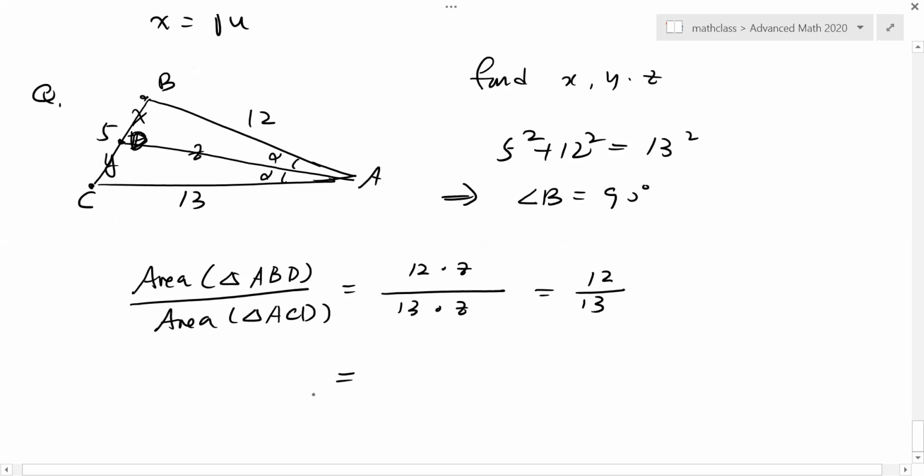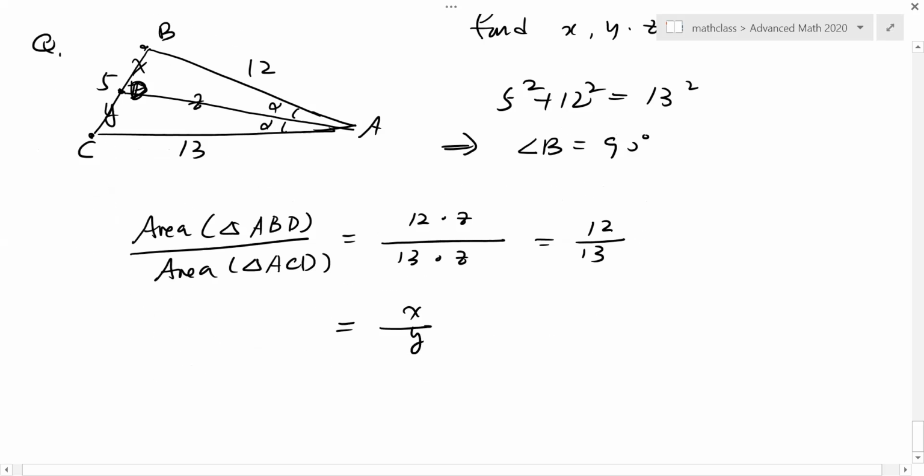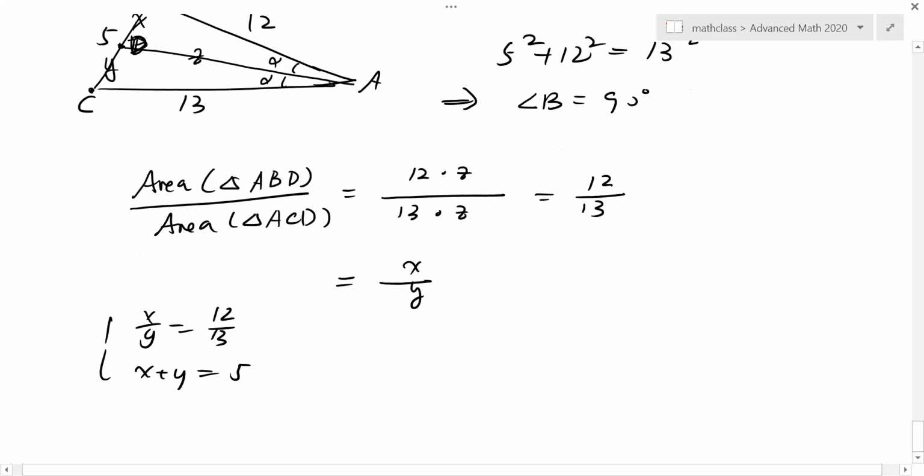Another comparison is just because these two triangles have the same height. So that's why it's just X over Y. Great. So you have the comparison for X and Y. So you get the first equation, X over Y equals 12 over 13. However, X plus Y equals 5, right? So now you combine those two, you can solve the problem quickly.